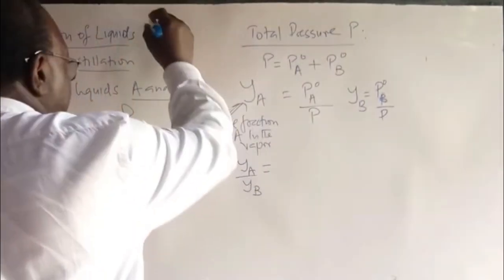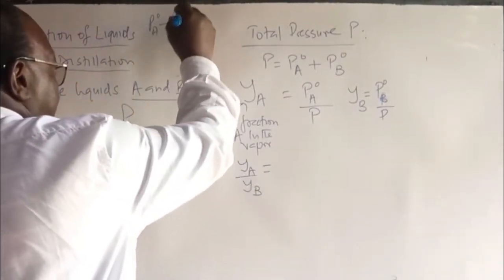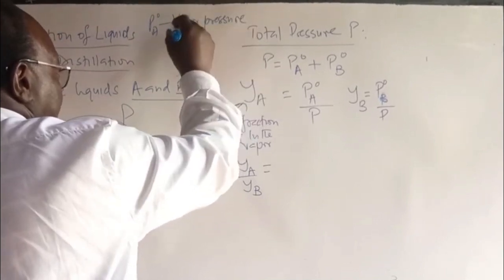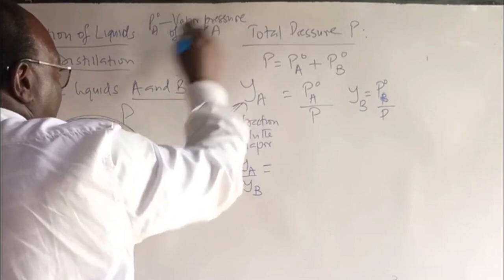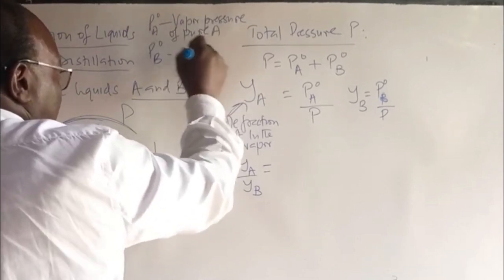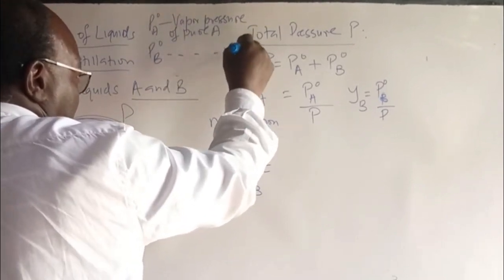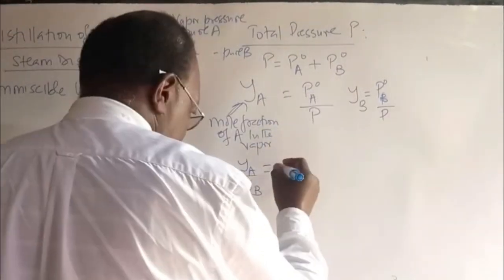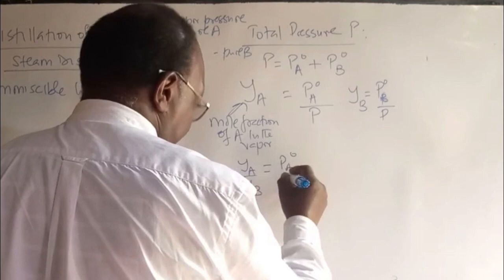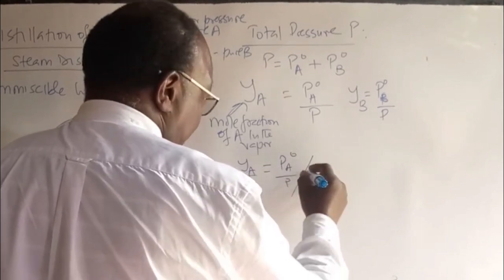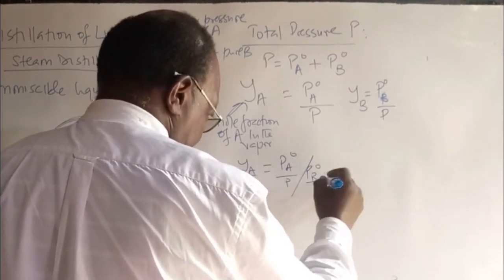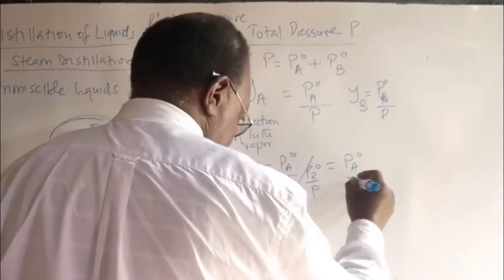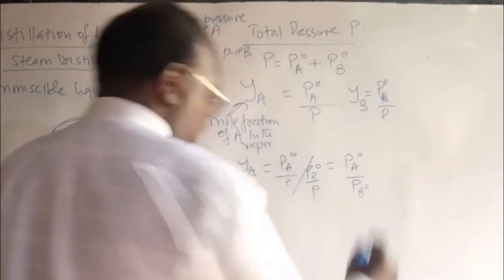Let's denote them: PA naught is the vapor pressure of pure A, and PB naught is of course the vapor pressure of pure B. So if we take the ratios of those two pressures, we are going to have PA naught over P divided by PB naught over P. That will be simply PA naught over PB naught.